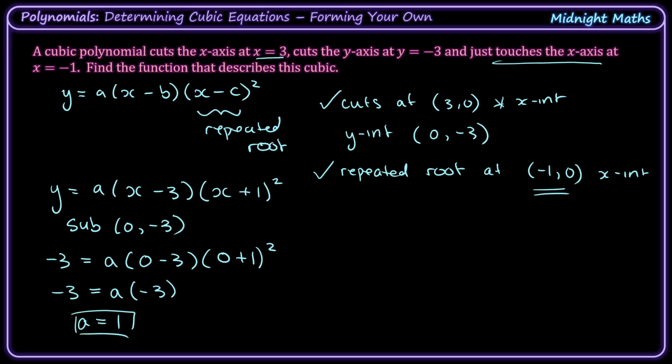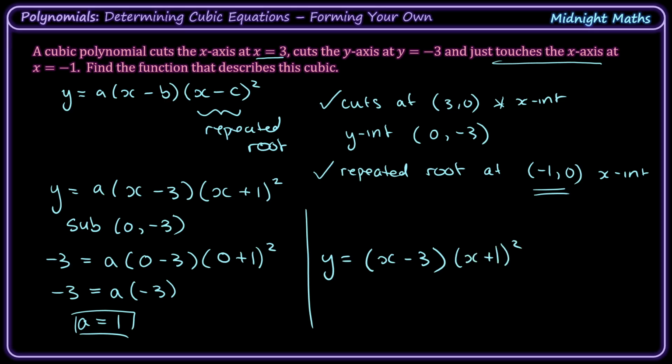Awesome. So we've got that information, but remember, we have to state the full equation because that's what the question's asking for. So my final answer is, I'll replace A with 1, which is the same as not writing it. So y is equal to x minus 3, x plus 1 squared.